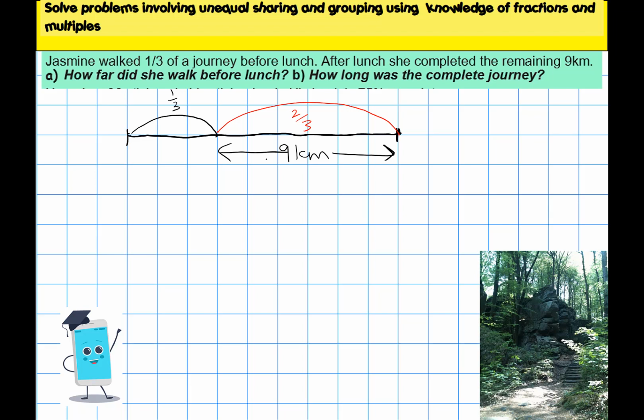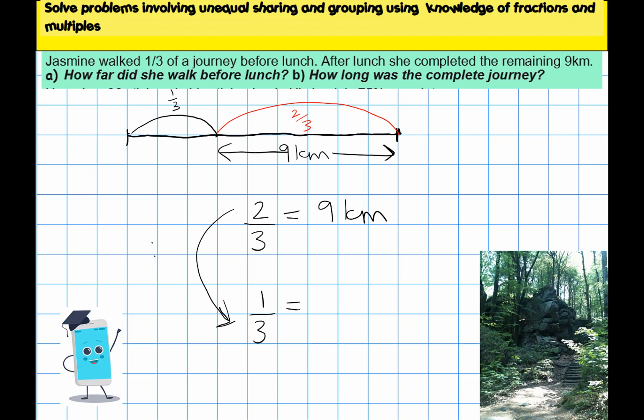So I now know that 2/3 equals 9 kilometres. How will I use this information to figure out what 1/3 is? If I know what 2/3 is, what will 1/3 be? Think about my scale factors.